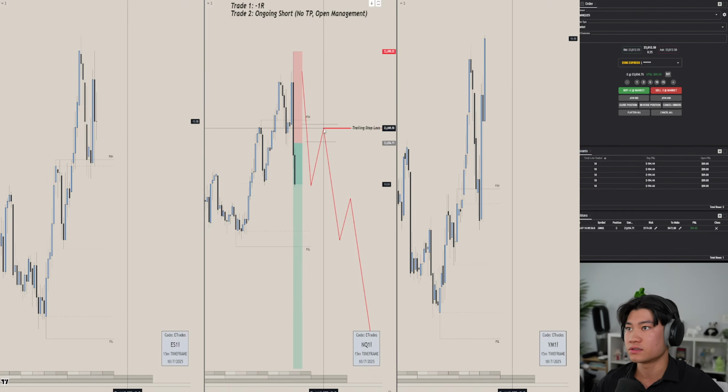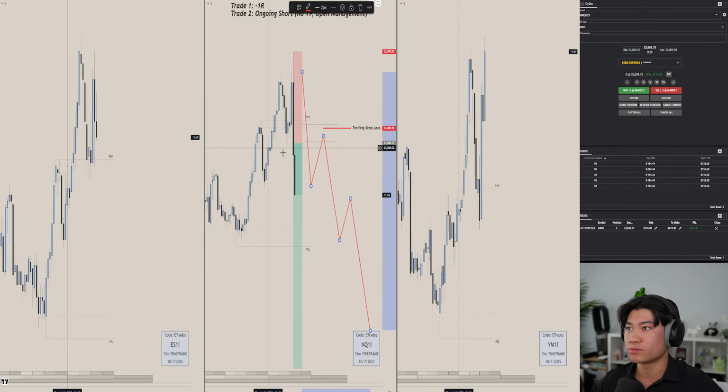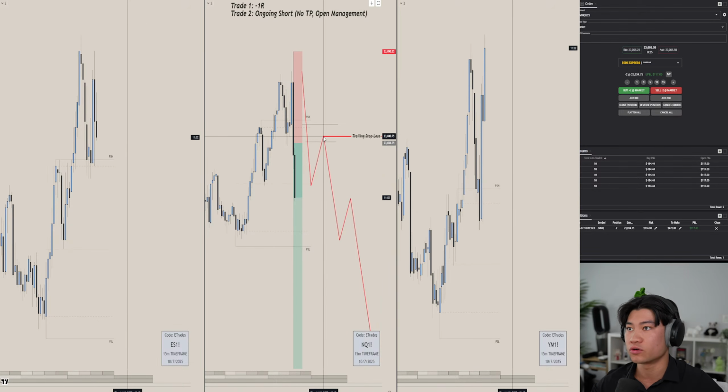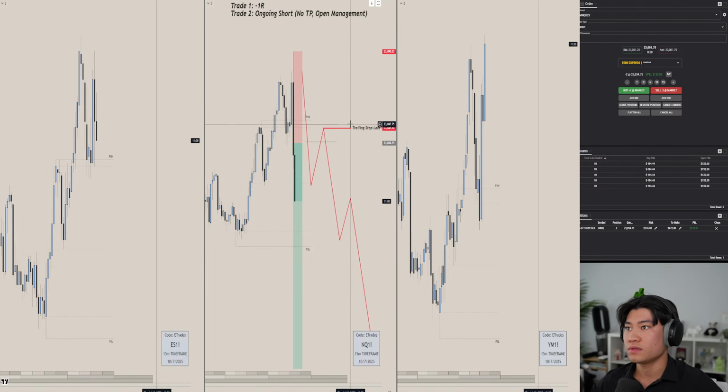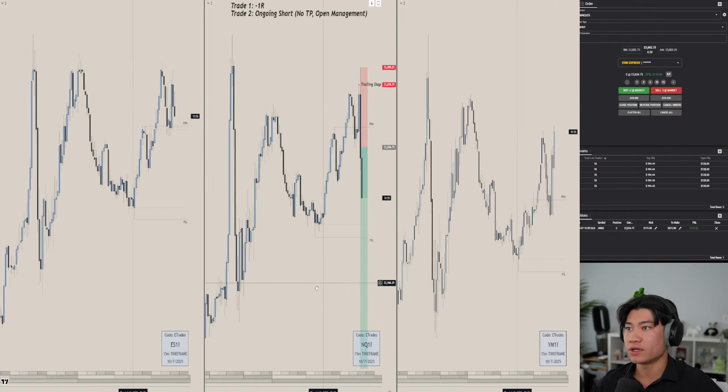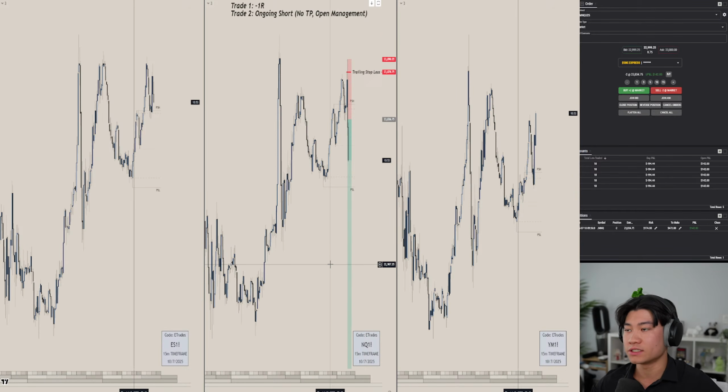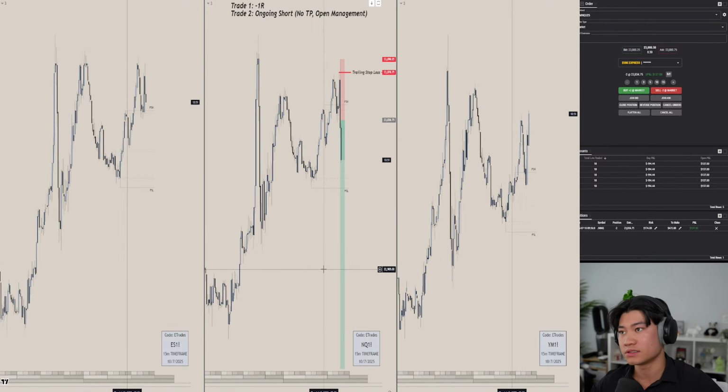So I'll trail to this swing high if it respects a fair value gap in this 5-minute fair value gap. Or if there's no swing high that respects a fair value gap, I trail to the highest order block. So that's how I trail. I just trail basic market structure using PD arrays as logic points, I guess.